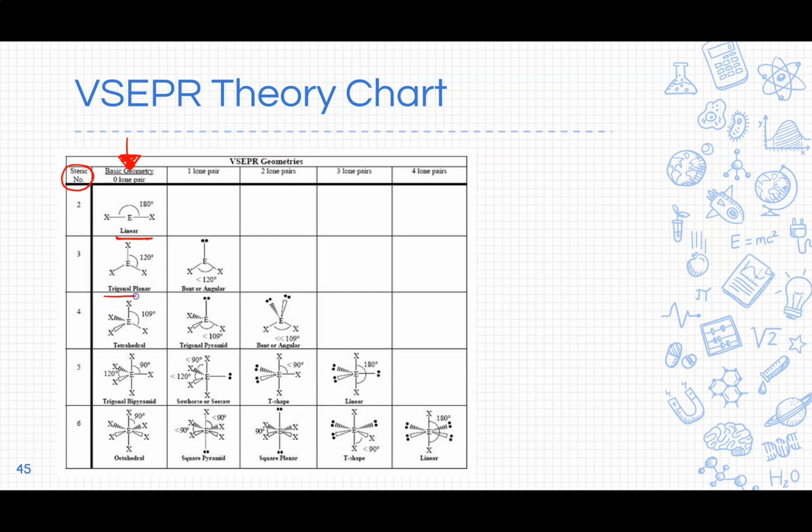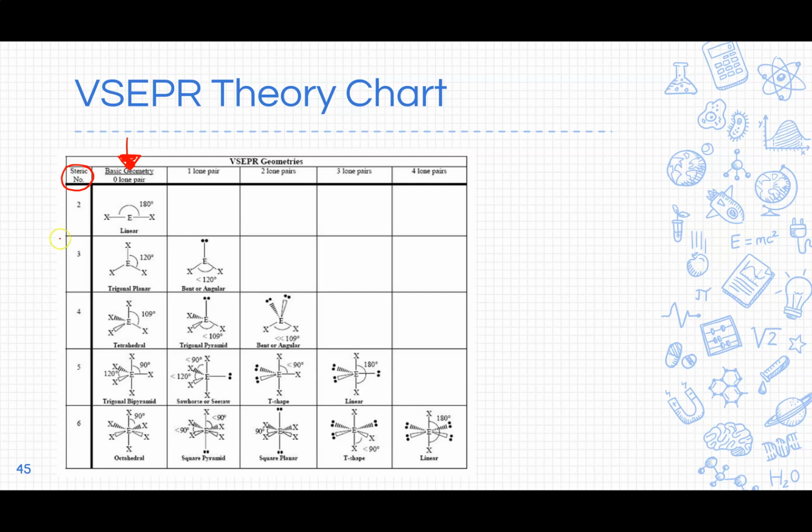Something can be trigonal planar in geometry and trigonal planar in shape. Alternatively, it could be trigonal planar in geometry but bent in shape. It could be tetrahedral, trigonal pyramidal, or bent. So the first column is the name of a geometry as well as a shape, and everything beyond that are just shapes.